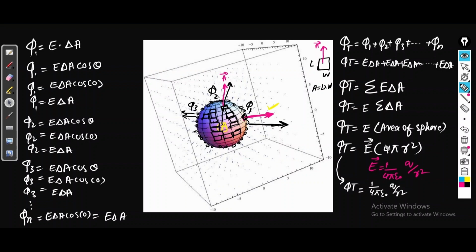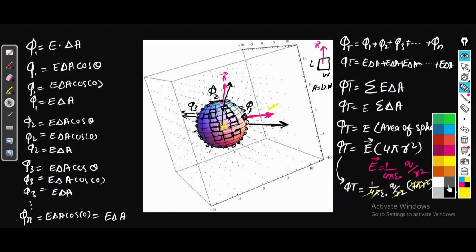Then we multiply that with 4 pi r squared. Here, cancel this r squared with this r squared, this pi with this pi, and this 4 with this 4.